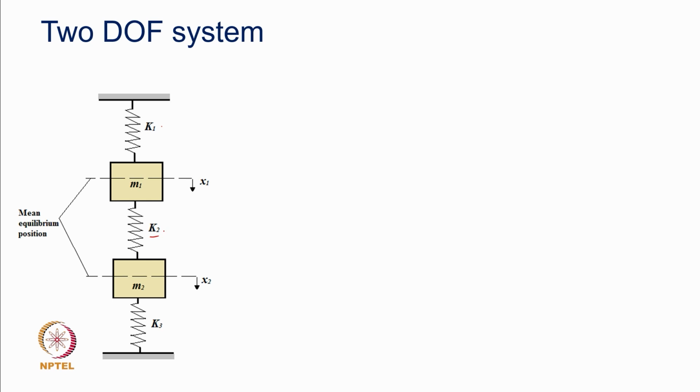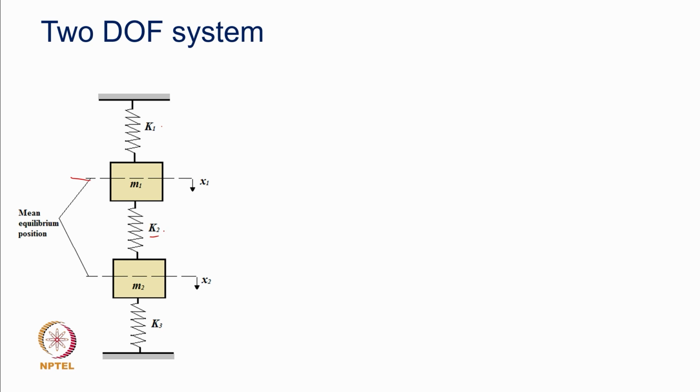Whatever is the weight of M1 and M2, and the stiffnesses K1, K2, K3 are such that somehow they will settle down at an equilibrium position, is it not. And this line which you are seeing here is the line representing their individual mean equilibrium position. Now, that helps us in understanding how x1 and x2 as a function of time would change. Okay.